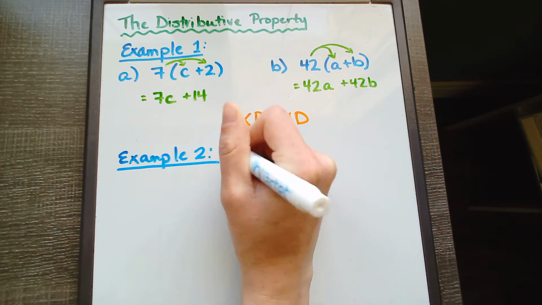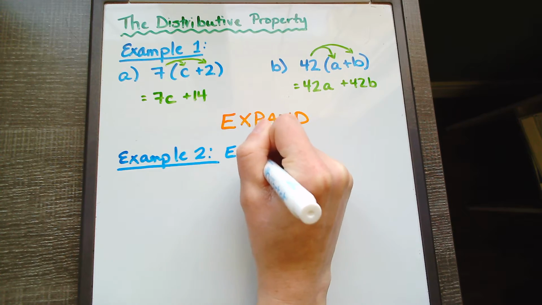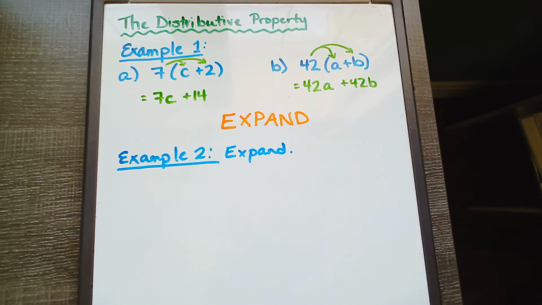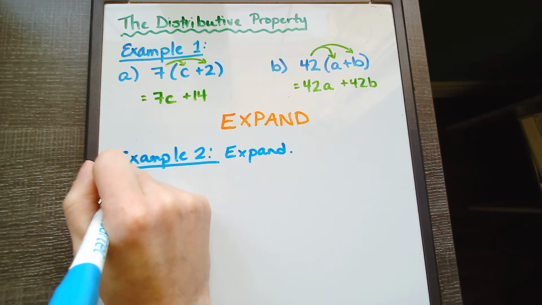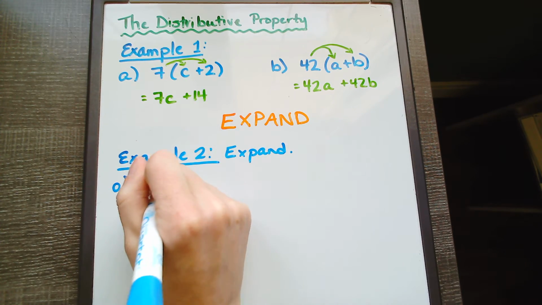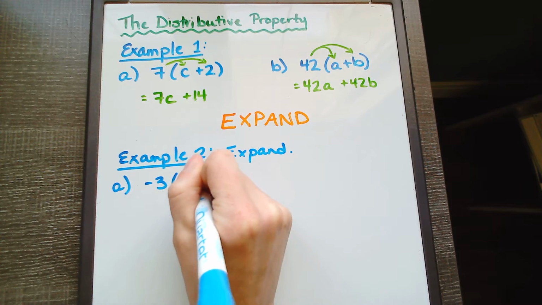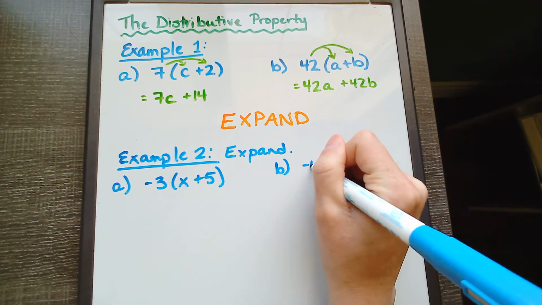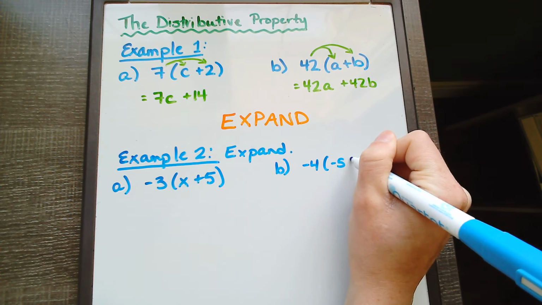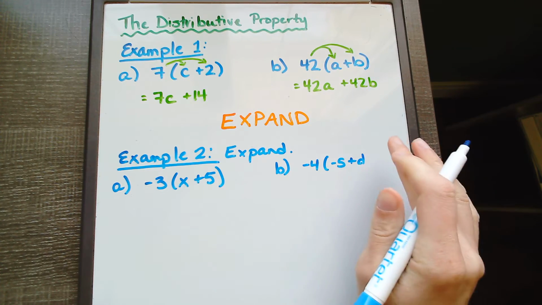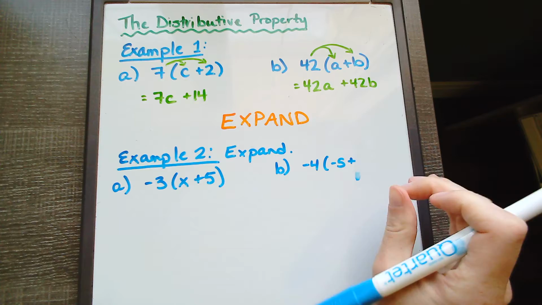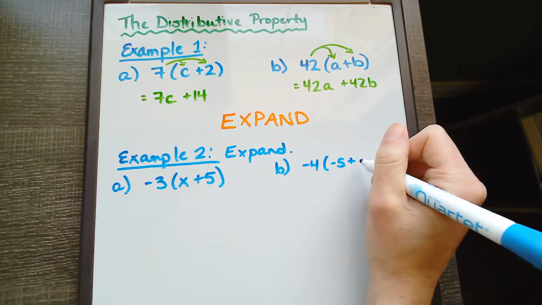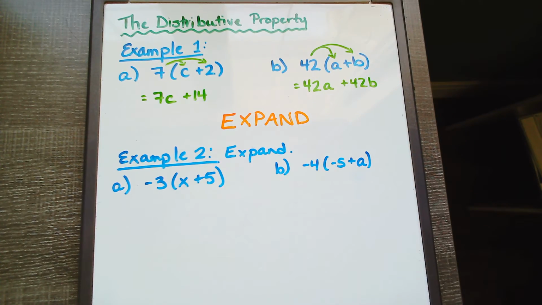Example number 2 has those directions of expand, the first time we see that. Again, it has 2 examples there, so I'm going to write them down before we get started. When I look at these examples, the difference is now I have negative numbers going on.